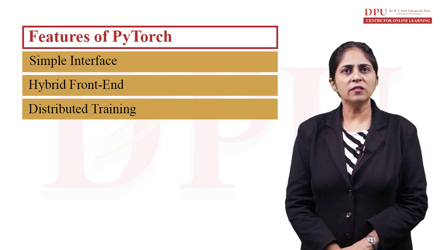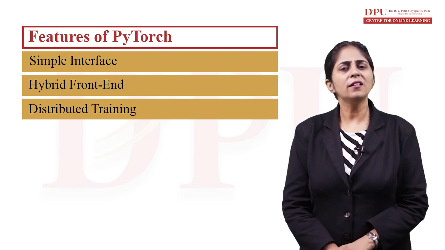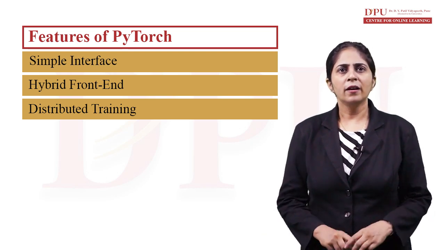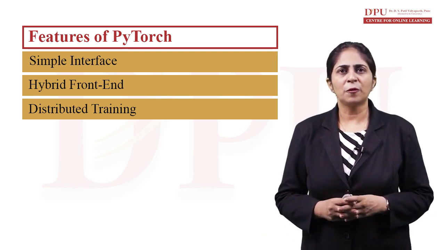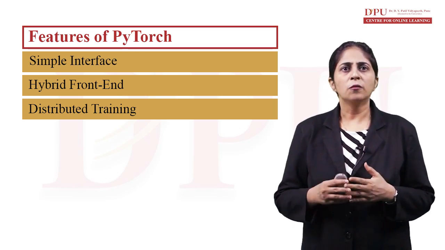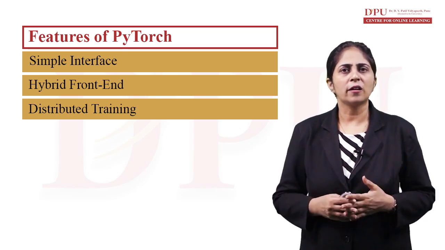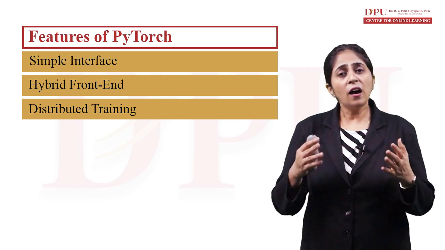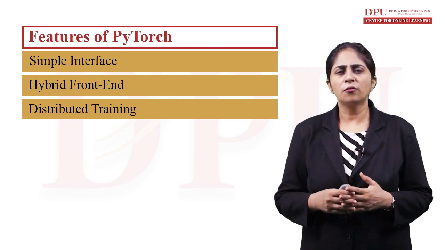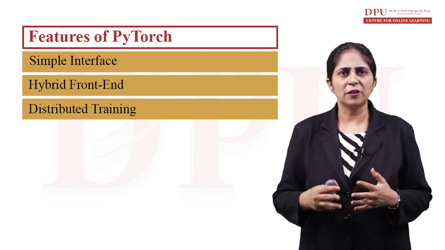Third reason for using PyTorch is that it provides us with distributed training. PyTorch allows the developers to train a neural network model in a distributed manner. It provides optimized performance in both research and production with the help of native support for peer-to-peer communication and asynchronous execution of collective operations from Python and C++.